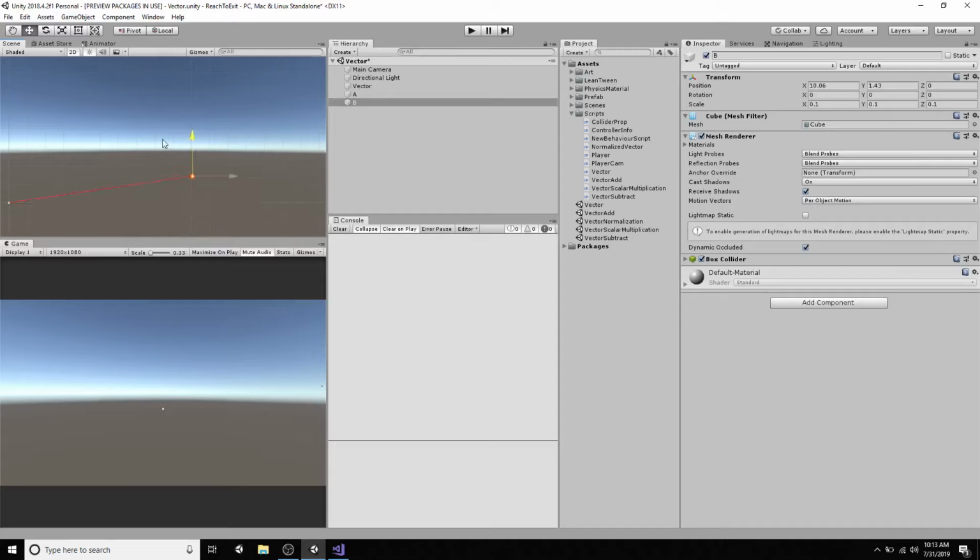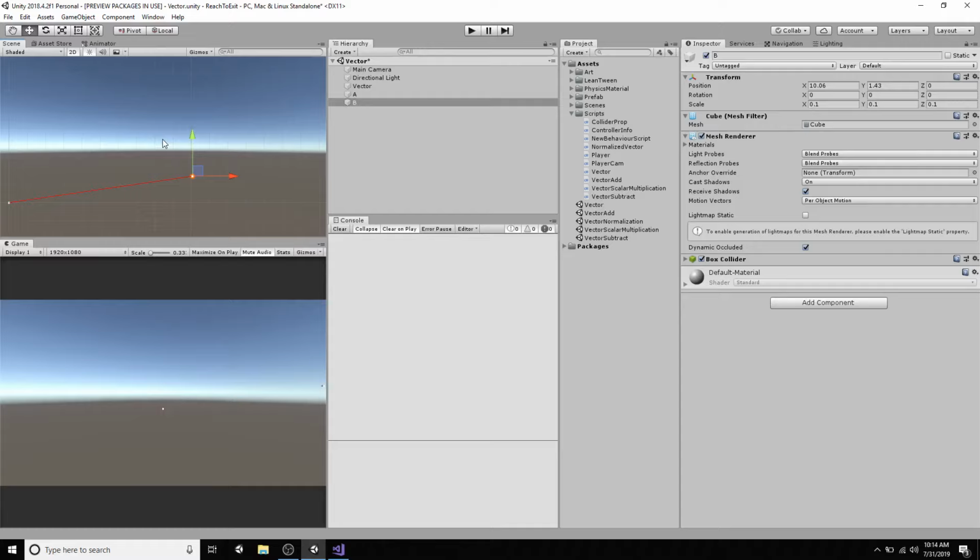This is called a vector, and a vector has multiple dimensions. Currently we will be seeing only 2D vectors because we are developing a 2D game, but in actual mathematics we can use 3D vectors, 4D vectors, even n-dimensional vectors. That's where linear algebra comes in.